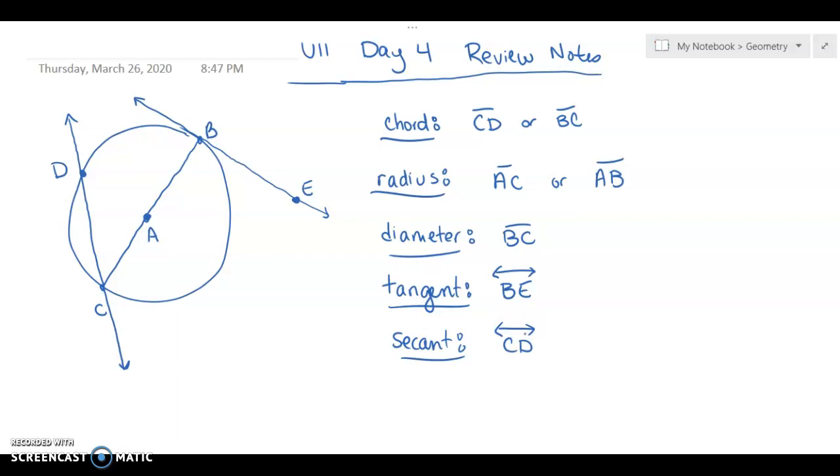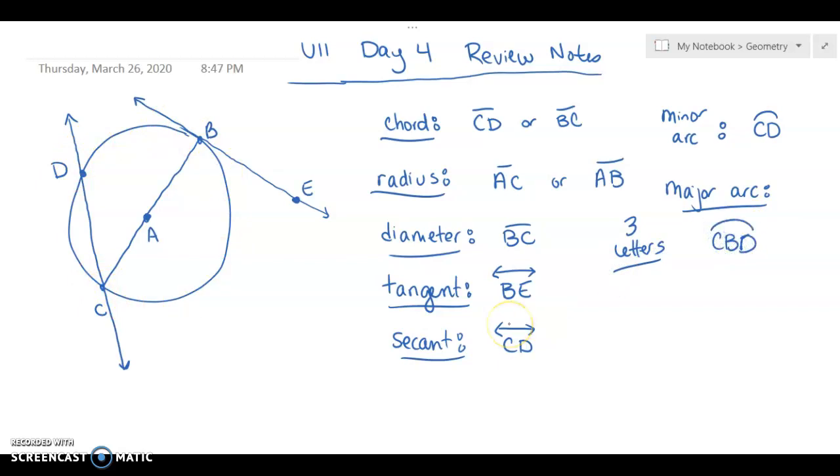And then we also talked about different types of arcs. A minor arc is an arc that's smaller than half the circle. So something like CD would be an example of a minor arc. A major arc would be something that's more than half the circle, so maybe something like CBD. Remember, you want to use 3 letters when you do a major arc. So CBD would be an example.